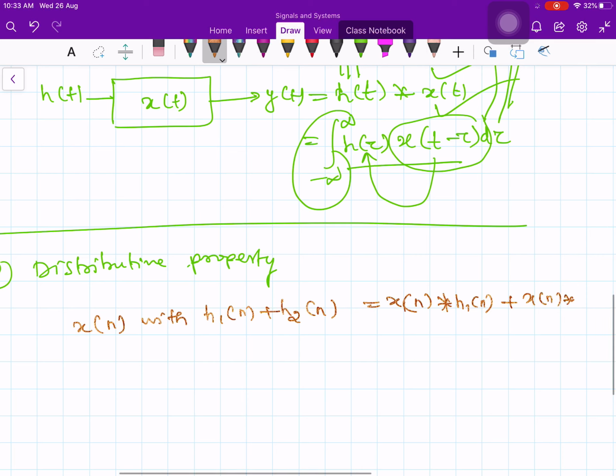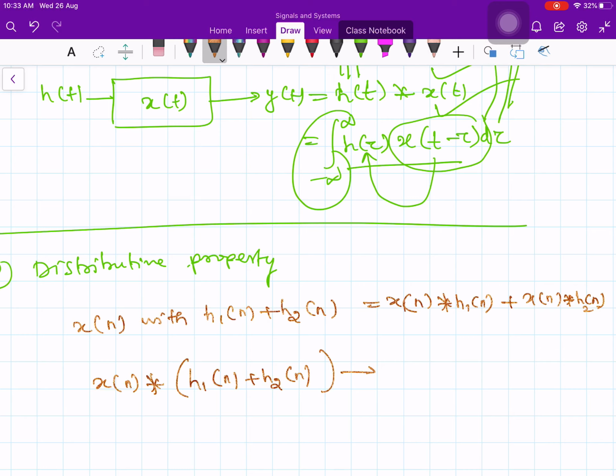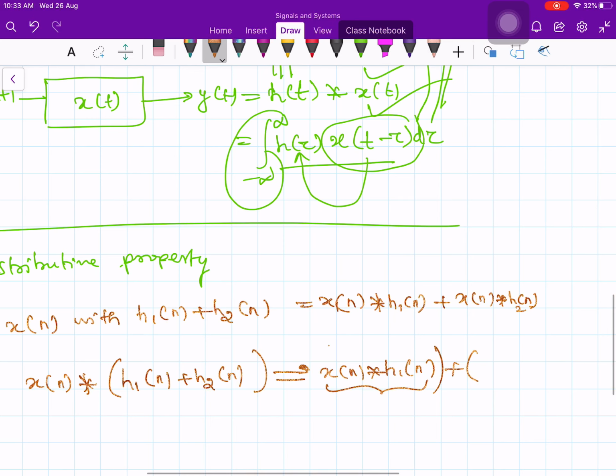That means you take x of n and convolve it with the sum of these two, h1 of n plus h2 of n. This will be equal to x of n first convolved with h1 of n, plus x of n convolved with h2 of n. This is what the distributive property says.